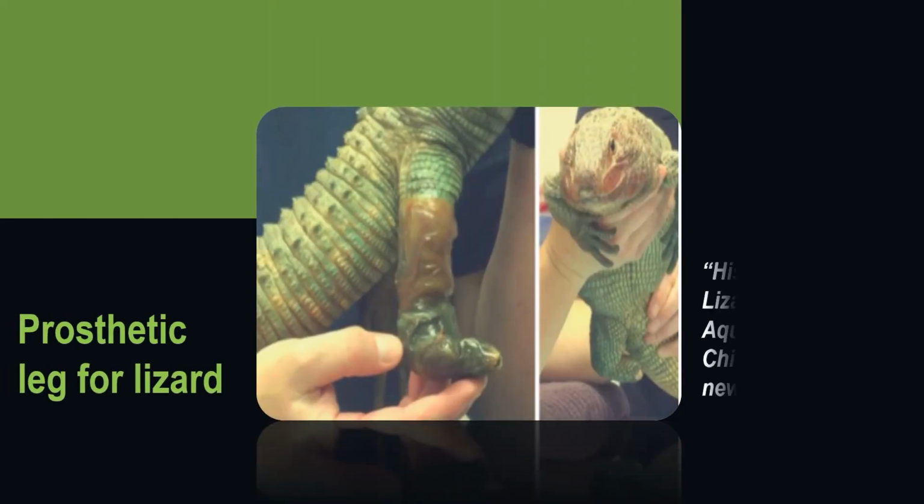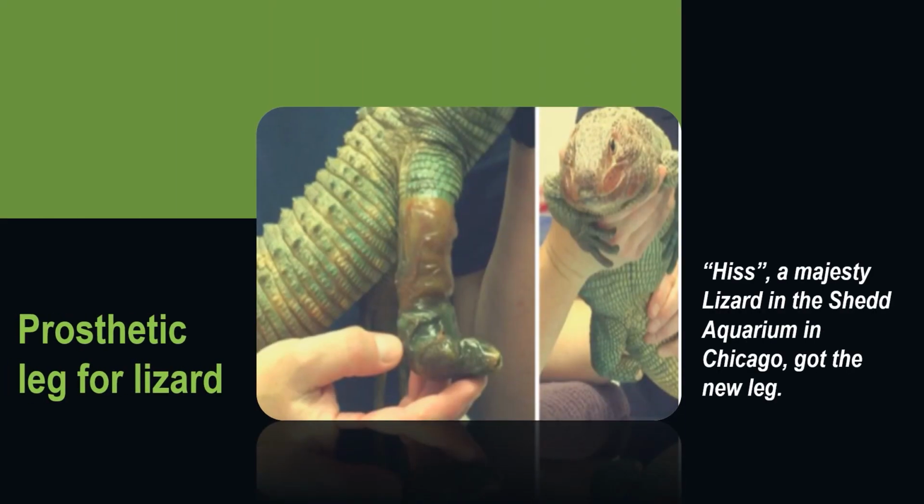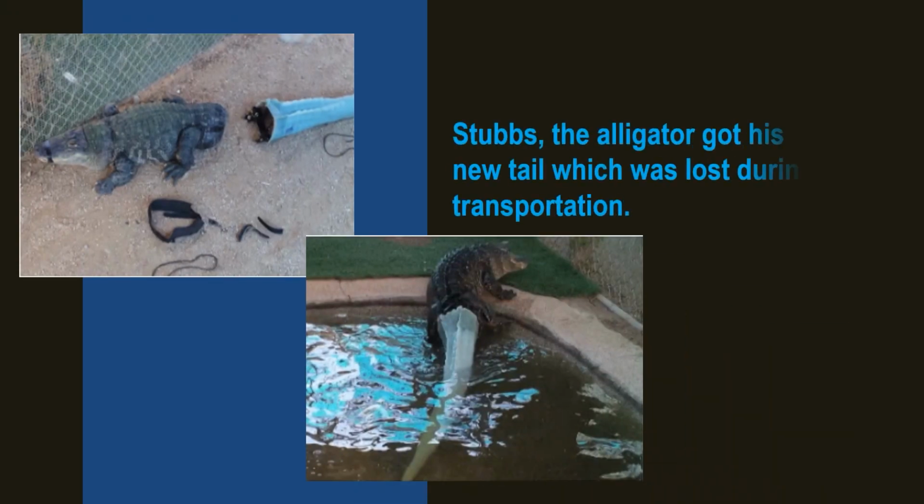Then similarly, development of some prosthetic parts for lizards, right? Then development of a tail for the alligator or different wild animals, because without this tail they can't swim. So this has been prepared using ABS material, as it is hydrophobic and there will be no damage.